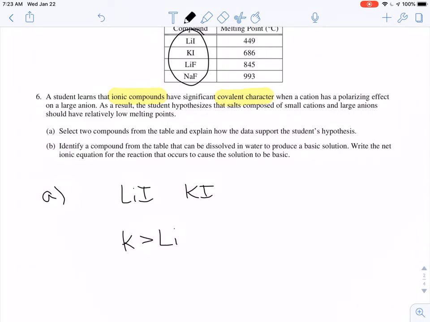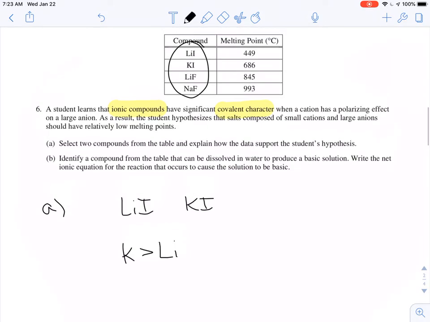And according to the student's hypothesis, this means that the compound with lithium in it should have a lower melting point than the compound with potassium in it. And if we look at the table, that is correct, because 449 is less than 686.